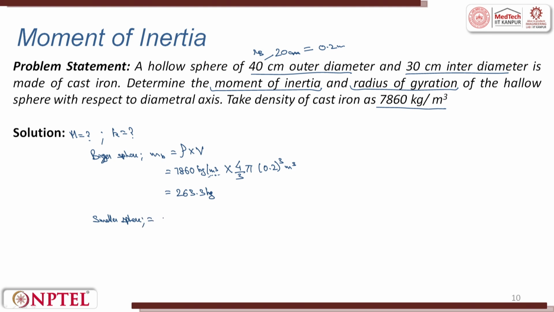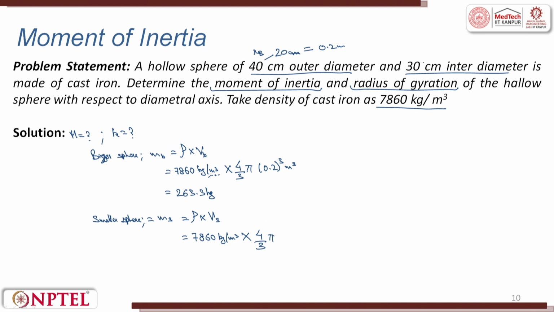For the smaller sphere, the mass of the smaller sphere is equal to rho into the volume of the smaller sphere. The volume would again be taken using the same relationship, the density into its volume, 4/3 pi r cube.